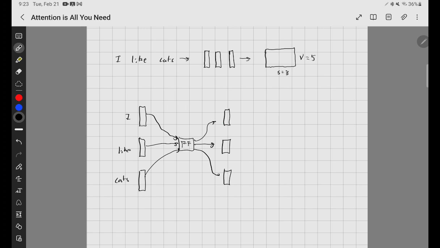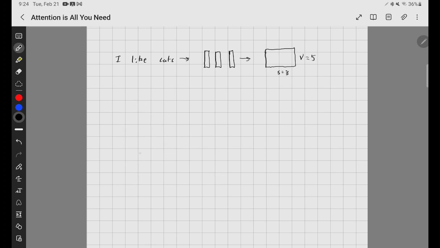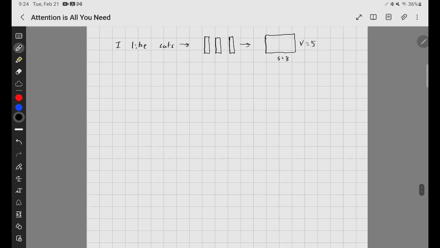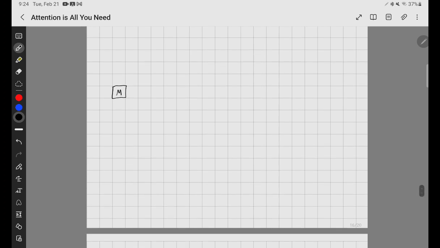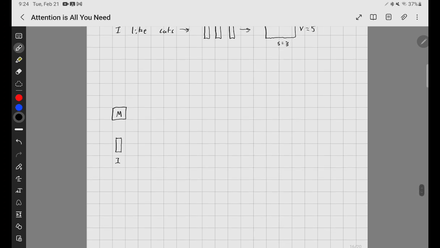I. So what we use is recurrent neural networks to solve this issue. So what a recurrent neural network does is you have this shared weight matrix, or you have this shared module, which I'm going to call M, and you put a vector through it one at a time in time.